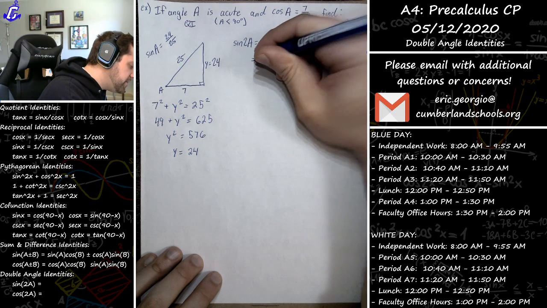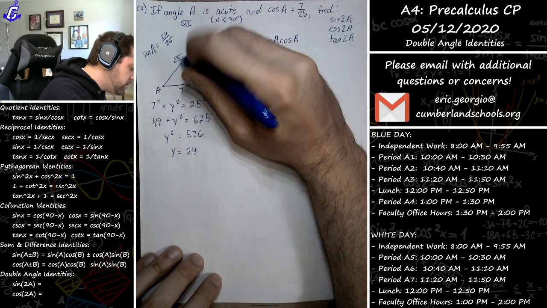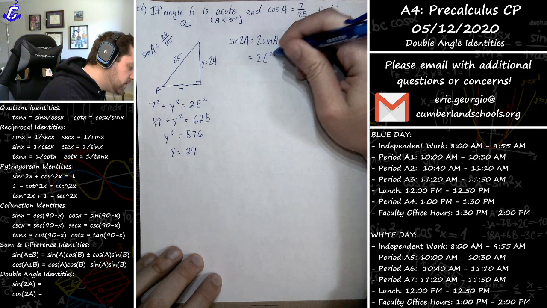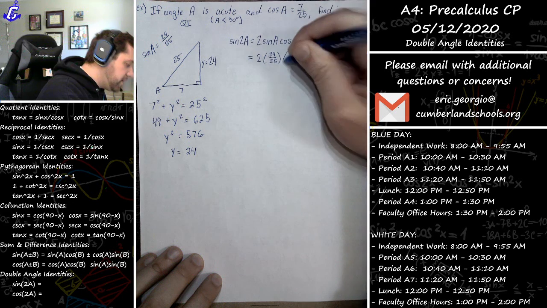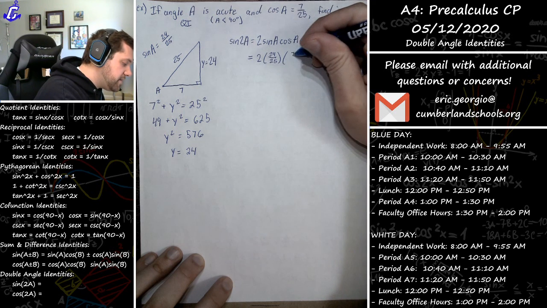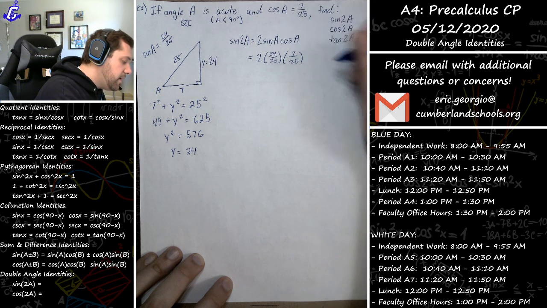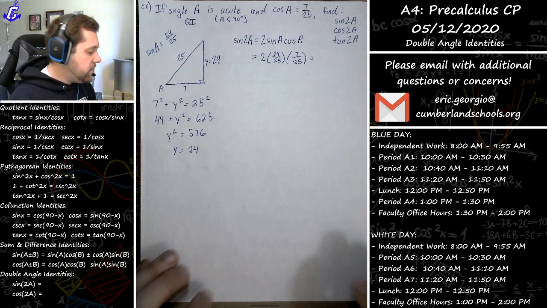So I can say that the sine of 2A is 2 times the sine of A, which we found, 24 over 25, times the cosine of A, which was given to us, 7 over 25. And then that just requires a little calculator use.